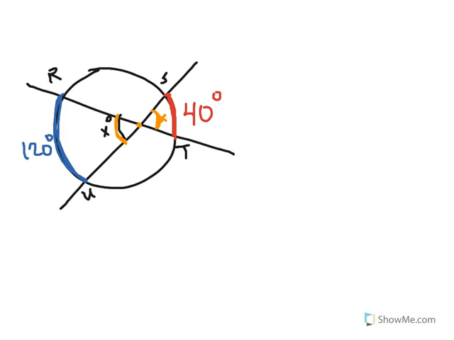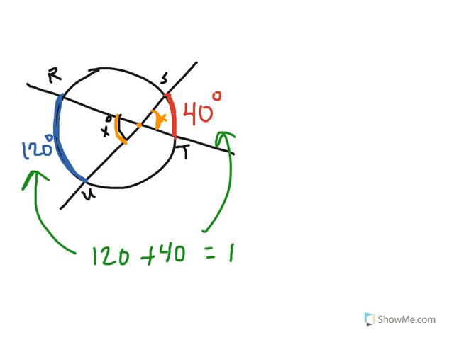That one's 120 degrees. Now, there's a theorem that works every single time when you do this. If I take this arc and this arc, and I add them together, so 120 plus 40, I get 160 degrees total.